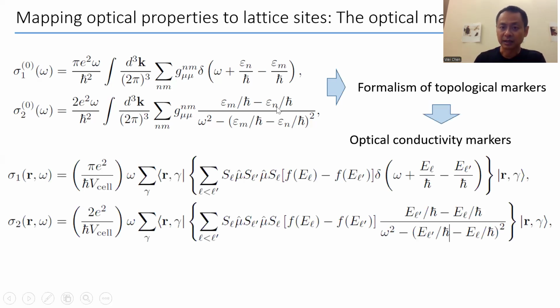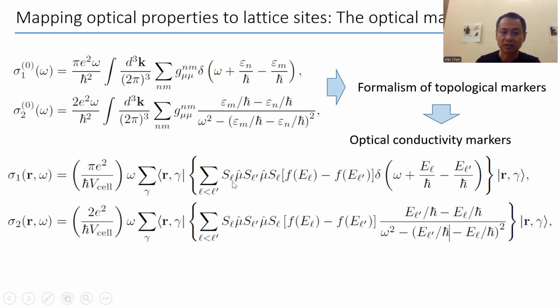And the result is that you can get what I call the optical conductivity markers. These markers mean that the optical conductivity can be calculated individually on every lattice site R here on the lattice.